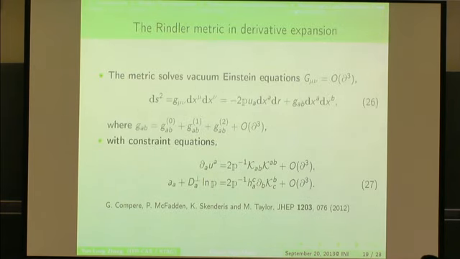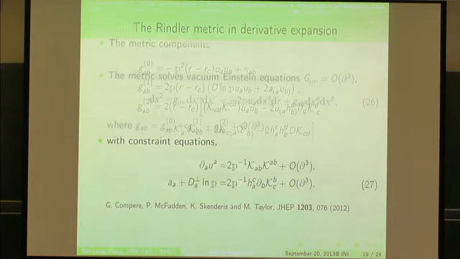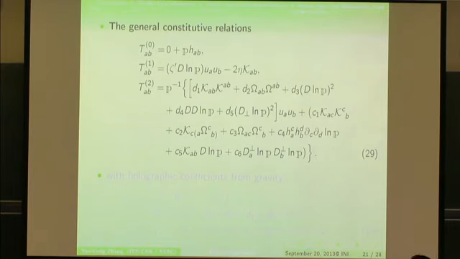And we can find that the metric solves Einstein equations up to the second order. The constraint equation is just the generalized Navier-Stokes equations, and here are some higher order corrections. And the stress tensor has also been given.